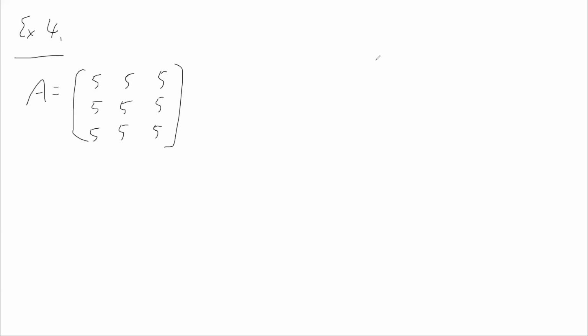This one is actually a pretty interesting one. Example 4, where you're given this matrix that is 3 by 3 and all the entries are 5. One thing we need to know is that this thing is not invertible, because all the columns are the same.